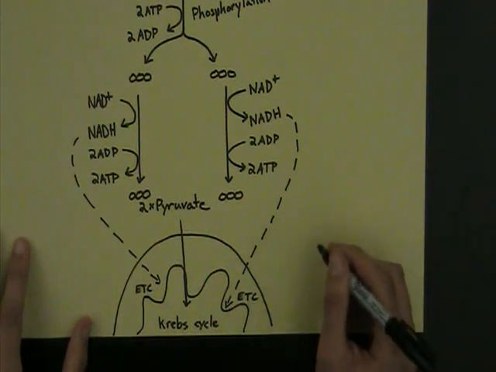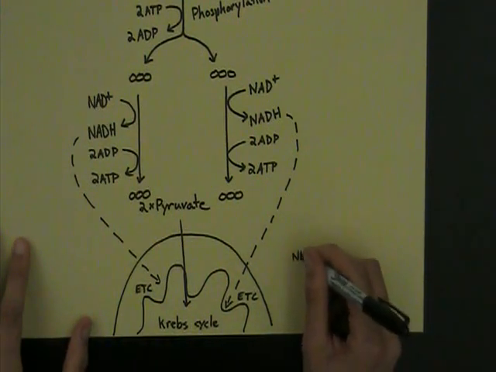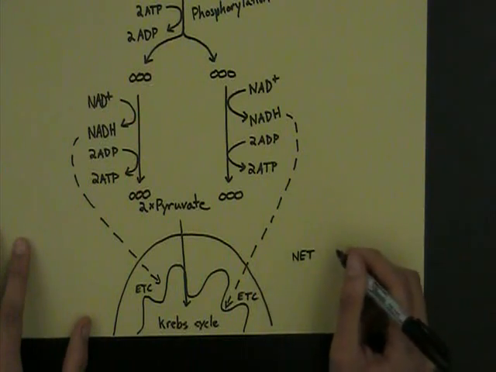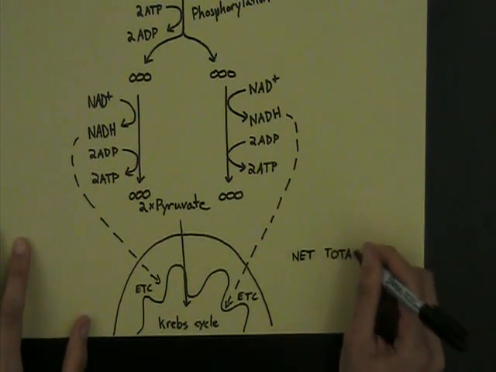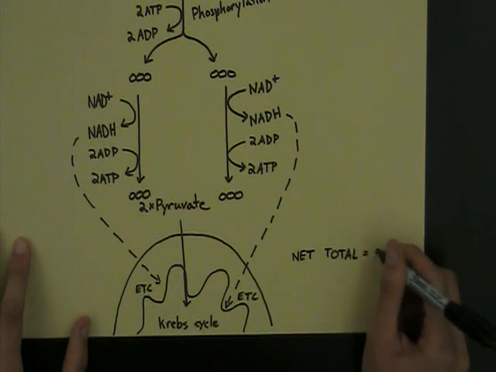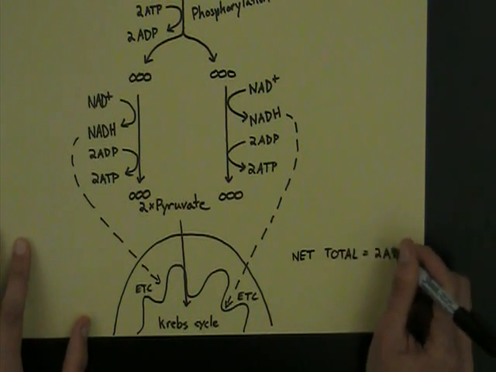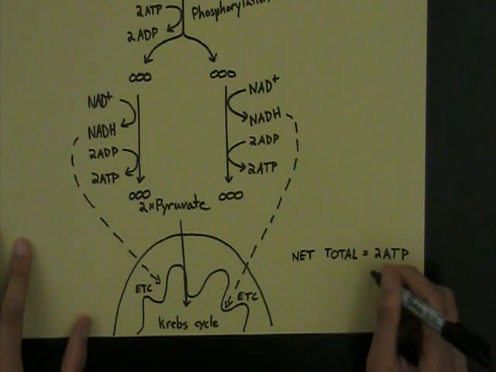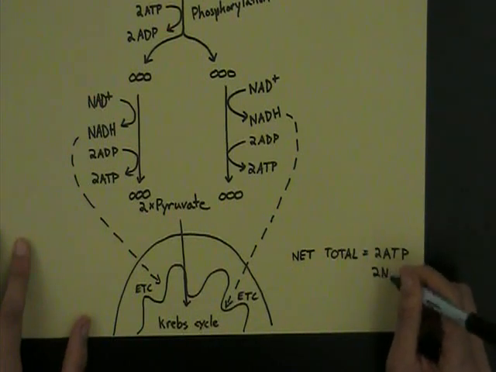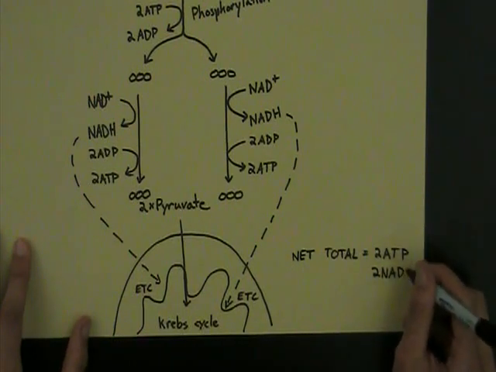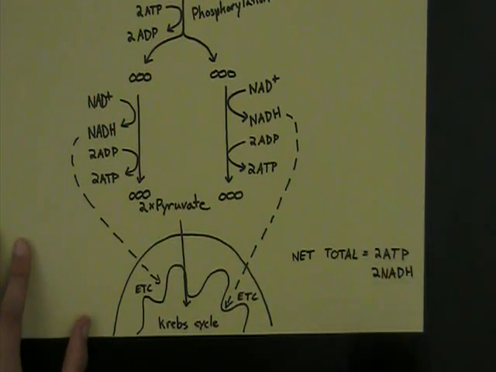So glycolysis produces a net total, and I'm just talking about glycolysis alone here, of 2 ATP and 2, if I look back, NADHs, which of course are going to be converted into more ATP.